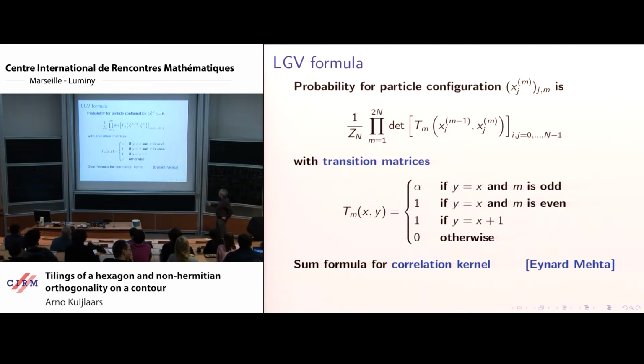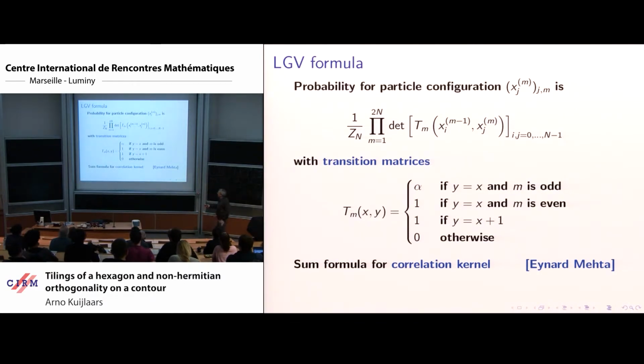Okay, so it's quite a complicated formula, but what is important here is that there are certain matrices coming in that describe transition matrices from level m minus 1 to level m. How to go from one level to the next. And this is given by such a transition matrix or transfer matrix, which is very simple in our case because we can only go either horizontal or we can go up.